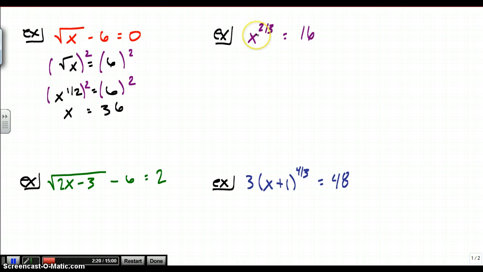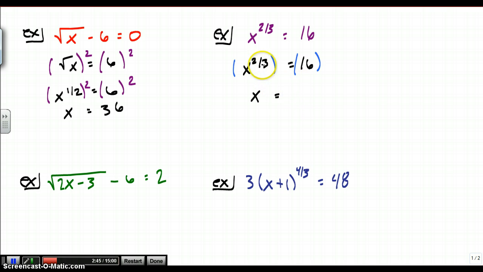Now we're going to keep the same process going. Here we have x to the 2/3 equals 16. I'm going to have to raise both sides to some power in order to get this x by itself. Well, I want these exponents to cancel. I want them to be 1. So I want my final answer down here to be x.